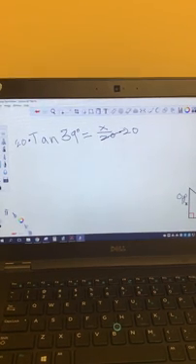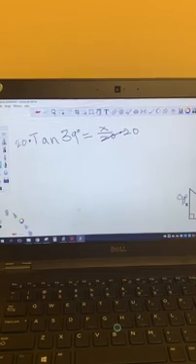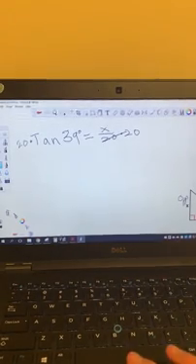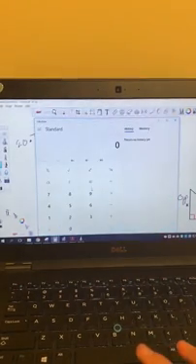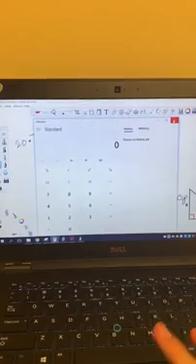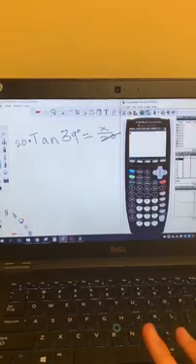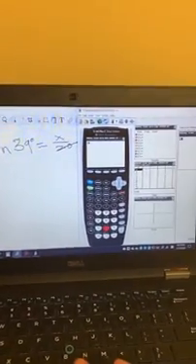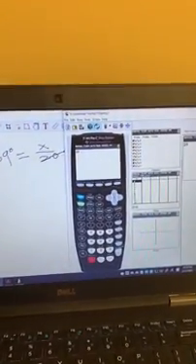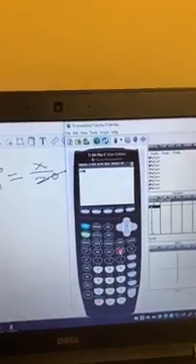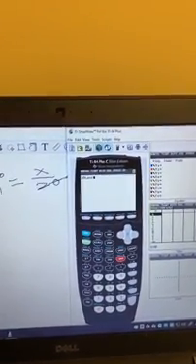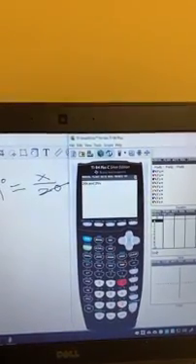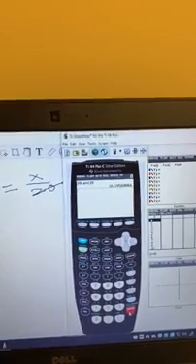And if we pull out the handy dandy calculator, oops, not that calculator, this calculator, we can find out that if you multiply 20 times tangent of 39 degrees, it equals 16.